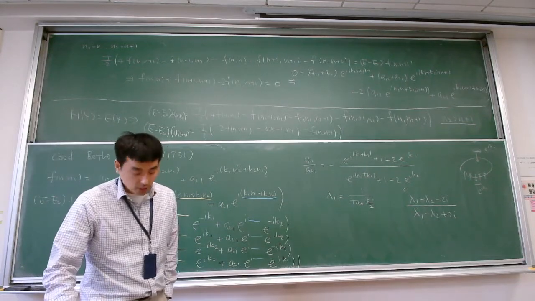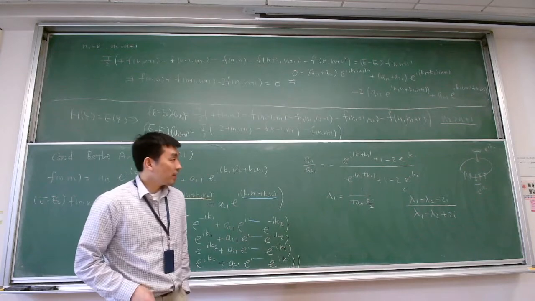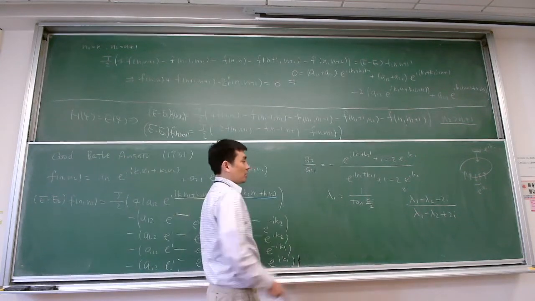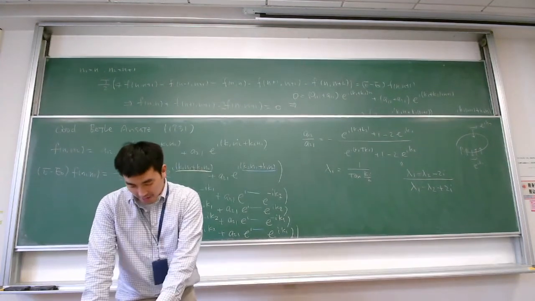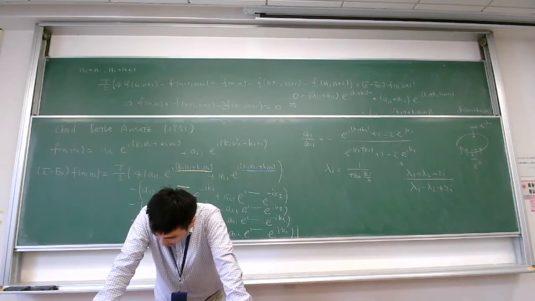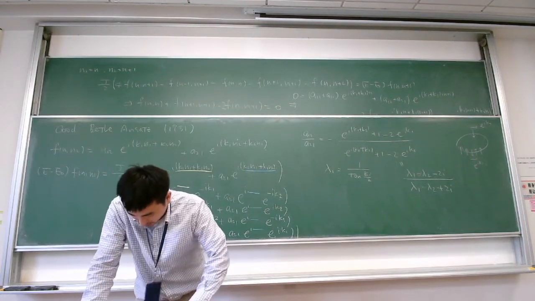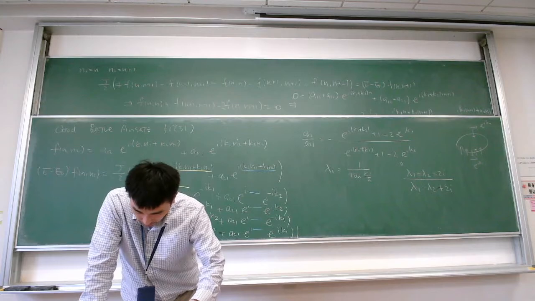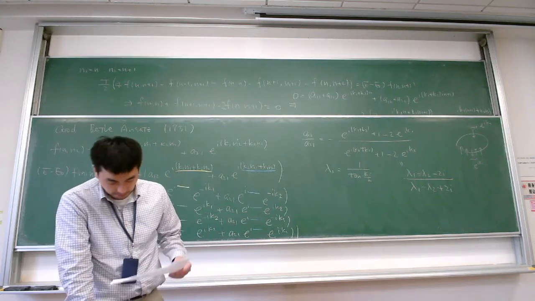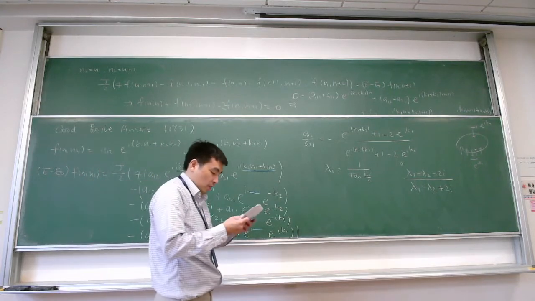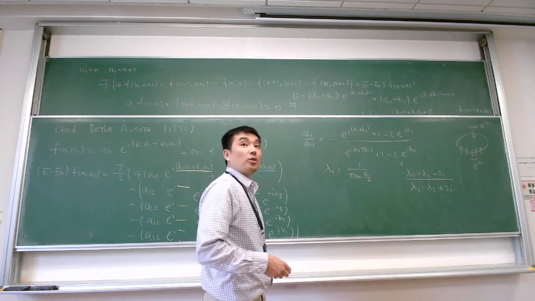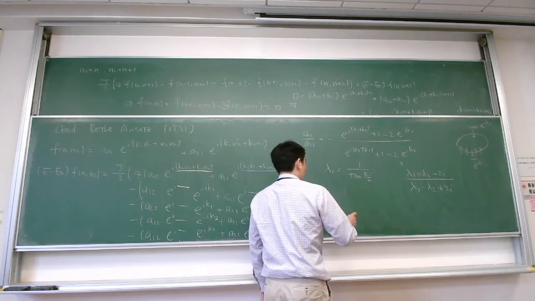So this is the two-body problem, the coherent state of two magnons, and we can just extend it to the coherent state of n magnons.